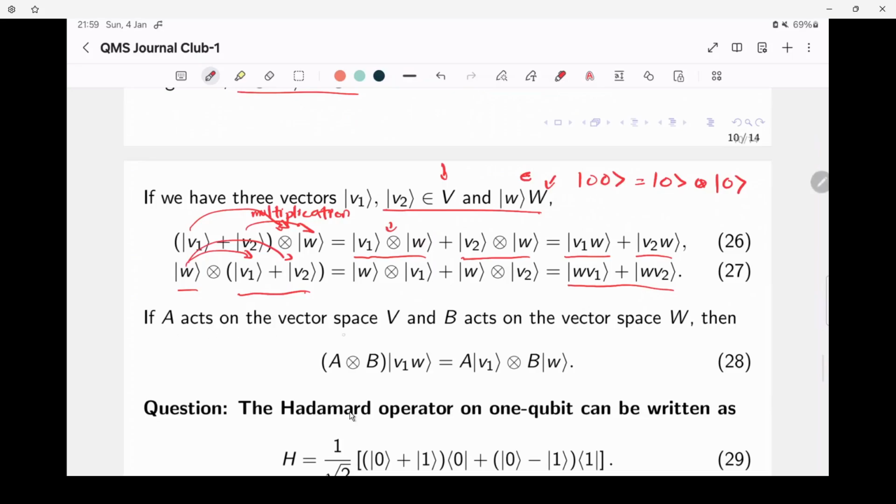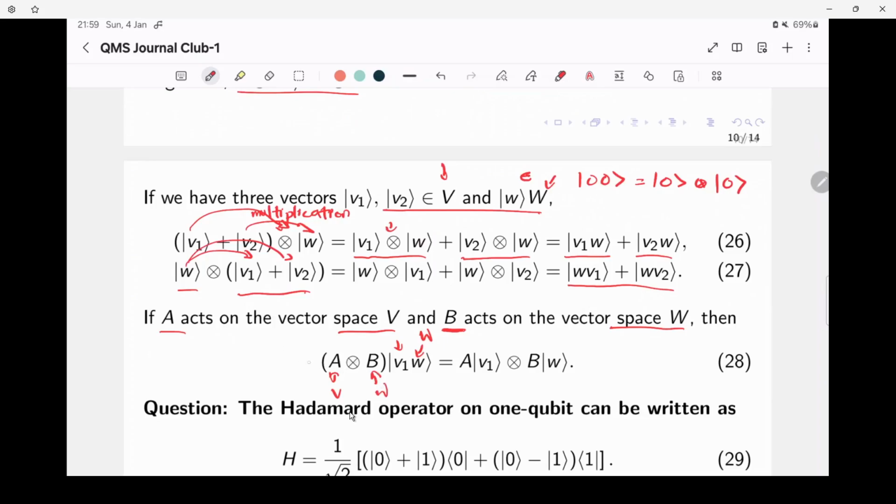One thing that is quite important is that if you have an operator A, which is acting on the vector space V, and then you have another operator B, which operates on the vector space W, then obviously your V1 is coming from the vector space V, your W is coming from the vector space W. So A has to be acting on V, B has to act on W.